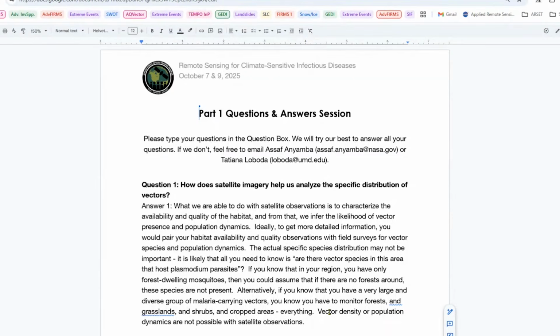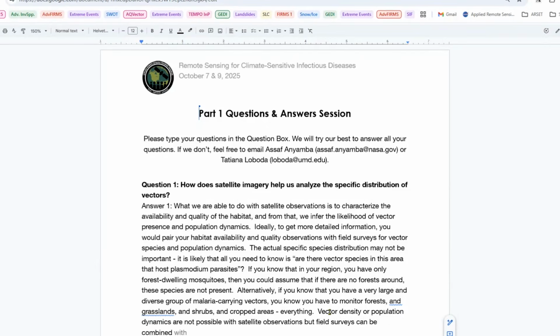In our work, we worked with local entomologists to develop a field survey that was built to mimic what we could observe from the satellite data.